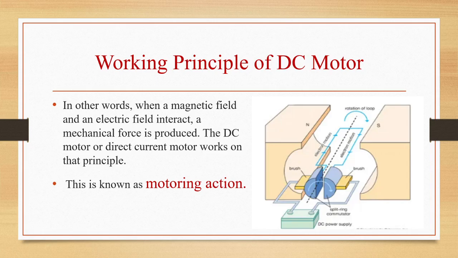Now, to the armature winding, we are applying the input voltage, and this entire thing is the armature, and we are naming this as a conductor here. These are the north and south poles of a magnet. So inside this magnetic field, this armature is put, and supply is given to the armature. So when a current carrying conductor is placed in a magnetic field, it experiences a mechanical force. This is called motoring action.